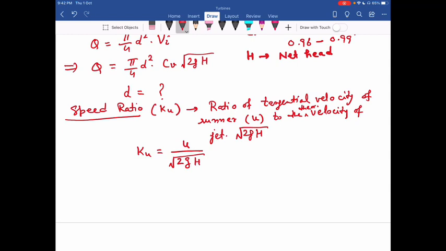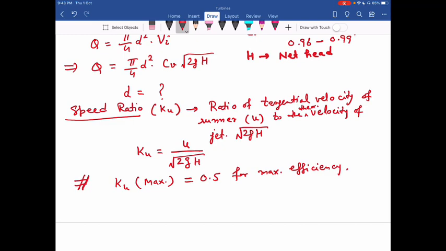Now you can note here one important point, that the maximum value of Ku is 0.5 for maximum efficiency. We are going to prove this also in the next coming articles.